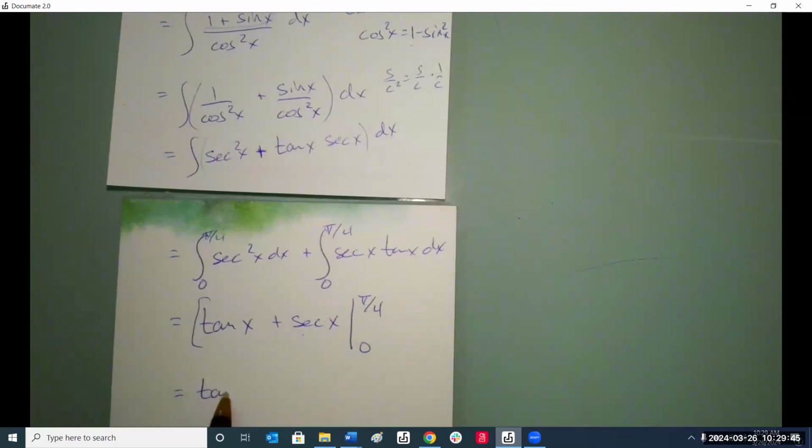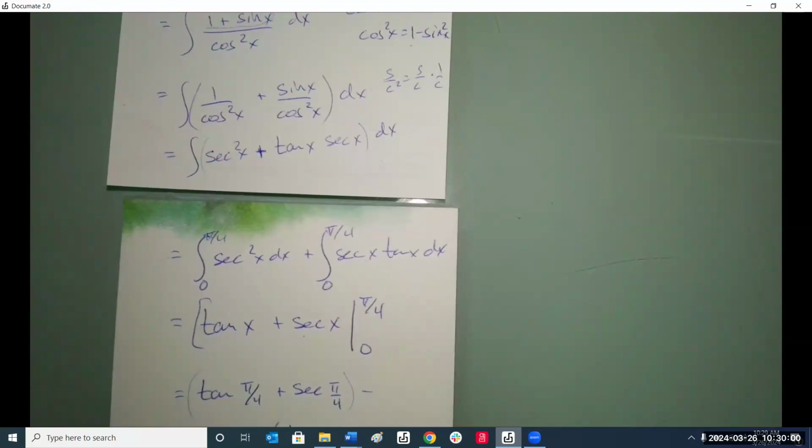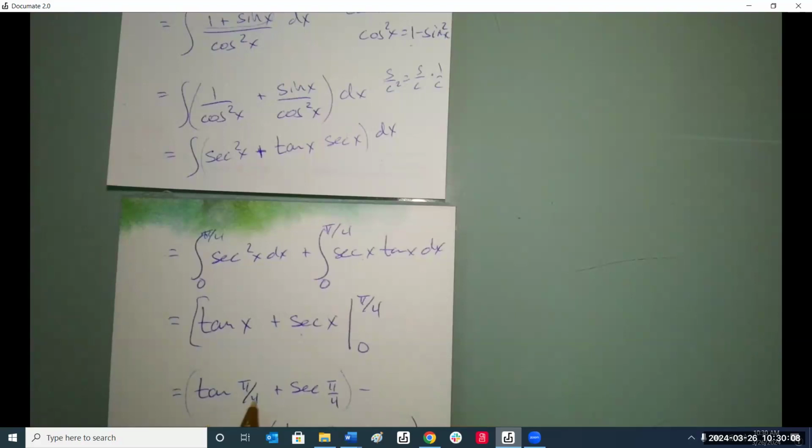So we get tangent pi over 4 plus secant pi over 4 minus tangent of 0 plus secant of 0. Tangent of pi over 4 is sine over cosine, which is 1.